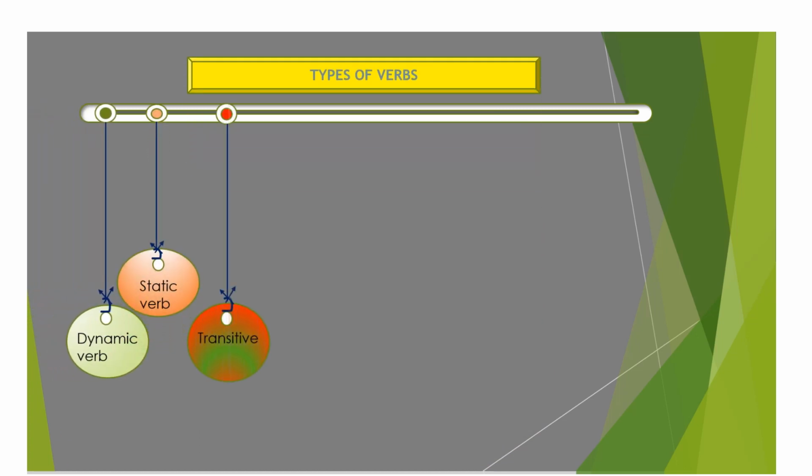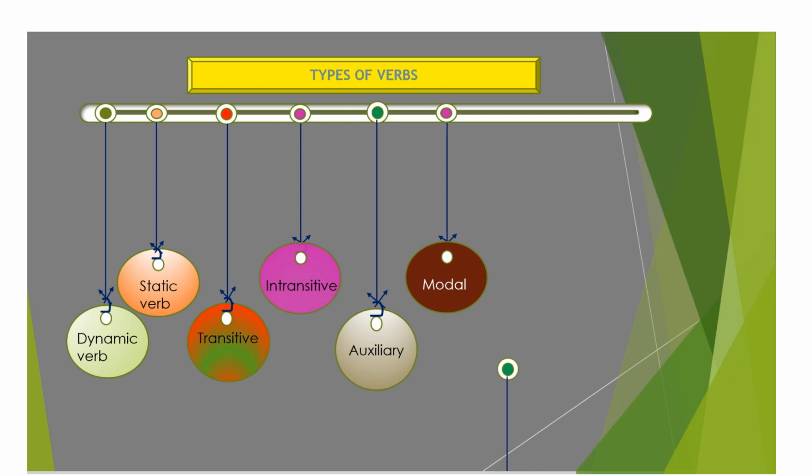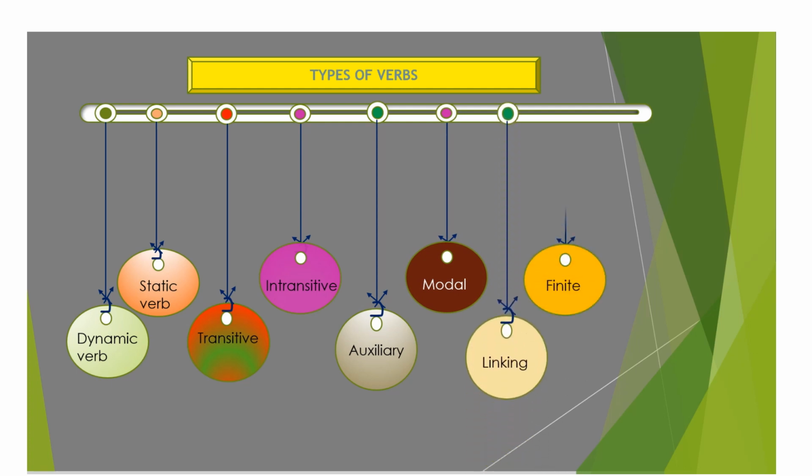We have dynamic, static, transitive, intransitive, auxiliary, modal, and linking, followed by finite and non-finite. Out of all these types, we still have a few more left, like regular, irregular, and all. But this particular video is about dynamic and static. Static is also known as stative verbs.